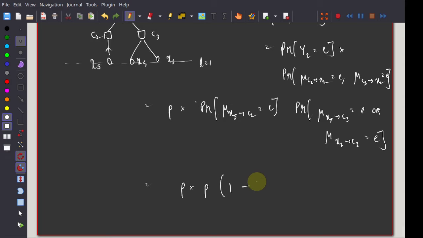The probability of erasure is P. What is the probability of it not being erased? It's 1 minus P, the whole square. So this is the probability that both of them are unerased, and this is the probability that at least one of them is erased.